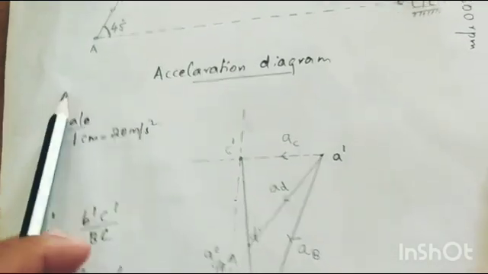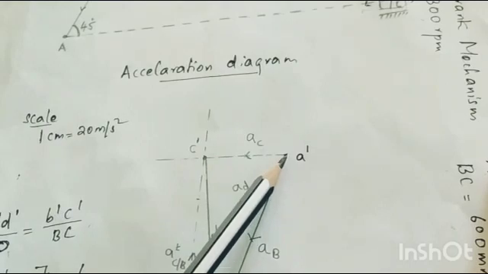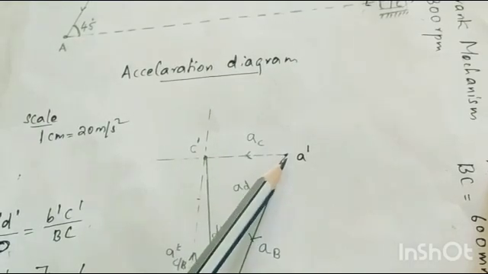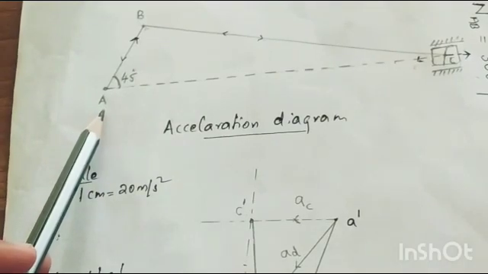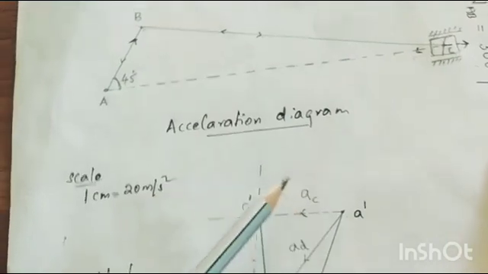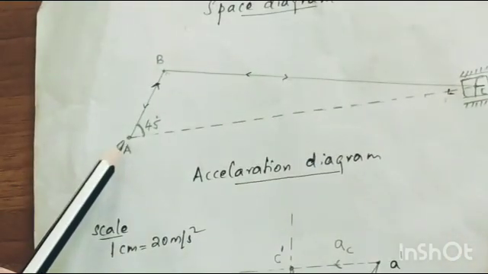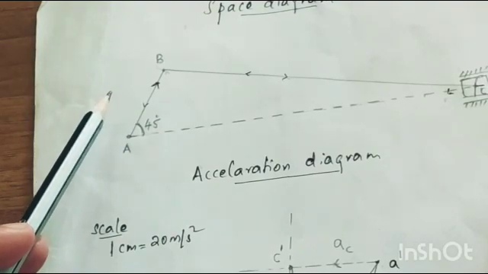So for the acceleration diagram also, you have to start from the fixed point, like what you have done in the velocity diagram. So first of all, the fixed point is nothing but the point A, that here we will mention as A dash. Now first of all, we have to draw the acceleration of this link. In order to draw the acceleration of this link, we require the radial component.